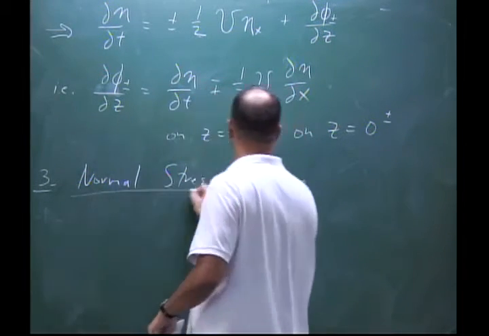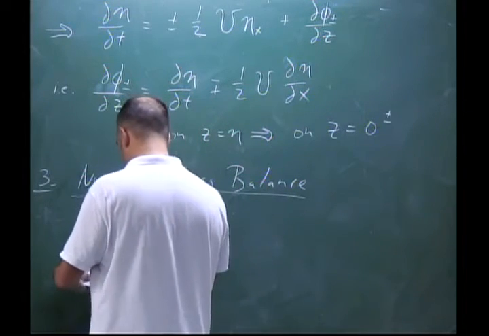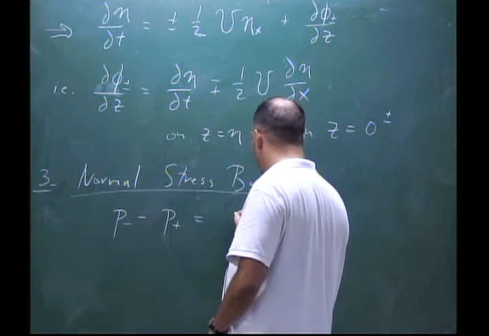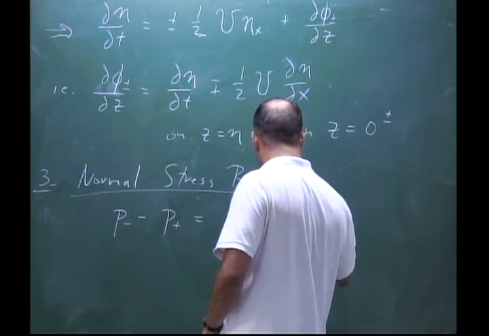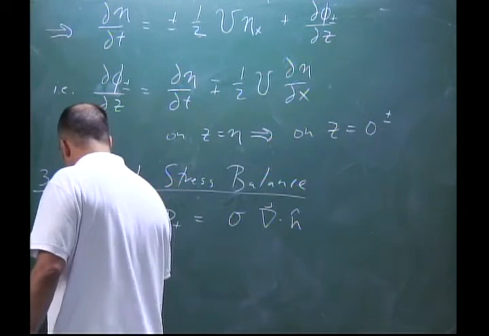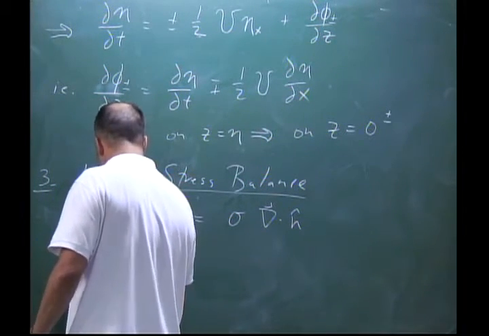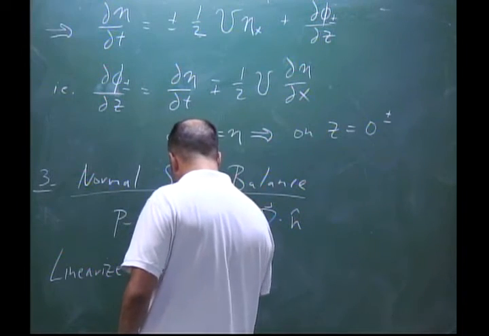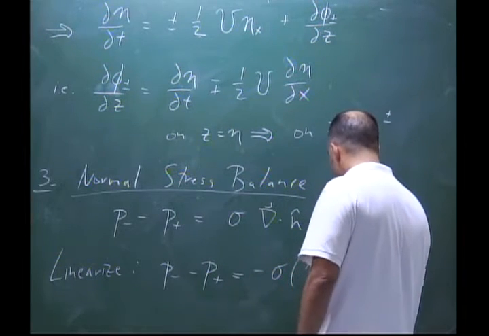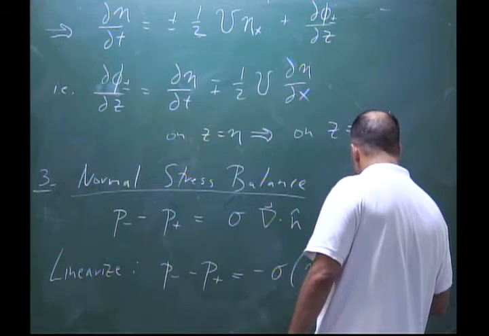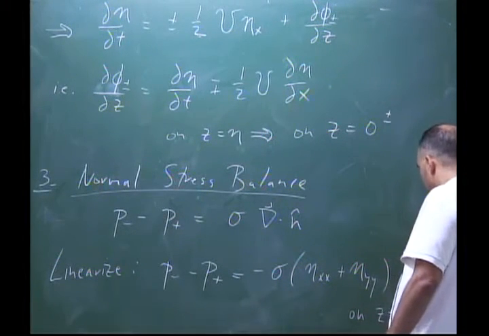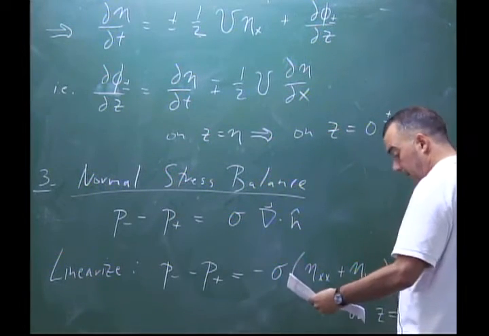We know that the jump in normal stress across the interface, so P minus P plus, is given by the curvature, the Laplace pressure, so it's sigma times the divergence of the normal, so we're going to want to evaluate that and linearize. Okay, and again, this is going to be applied at the interface, but we say this is basically z equals 0.